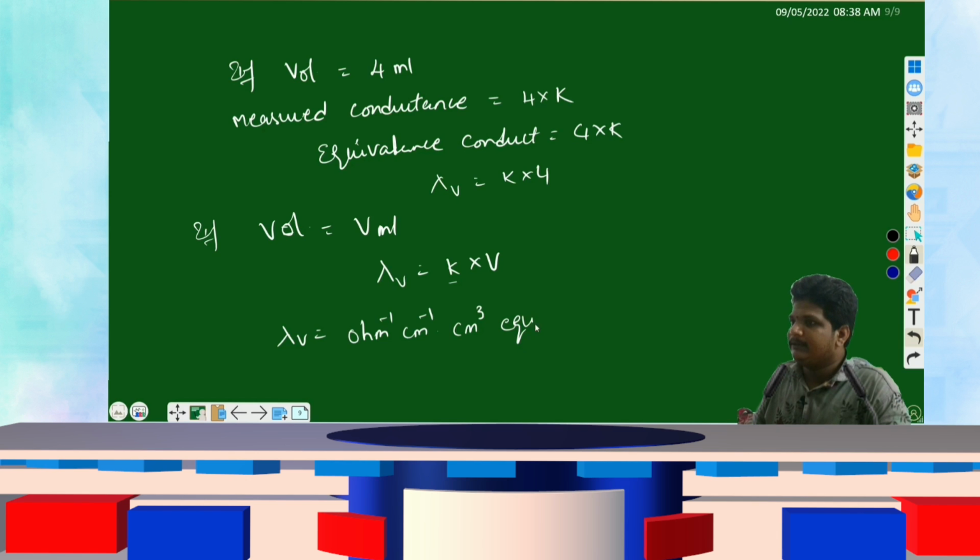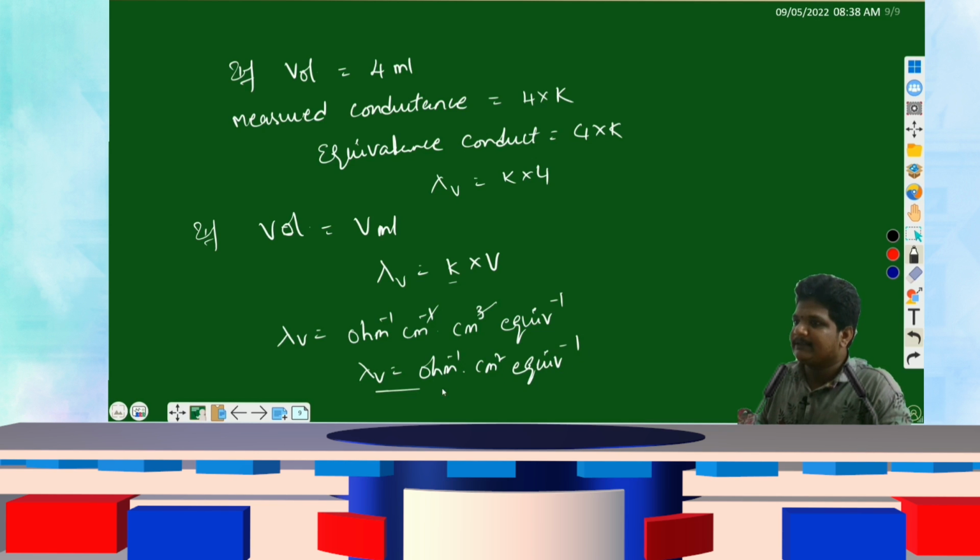The centimeter inverse and cube partly cancel and we get lambda V in ohm inverse centimeter square equivalent inverse.